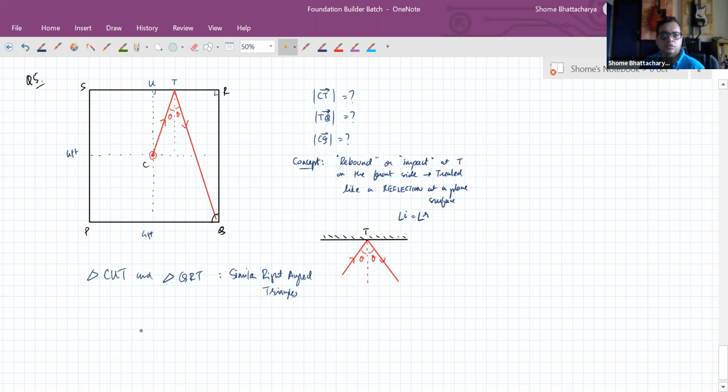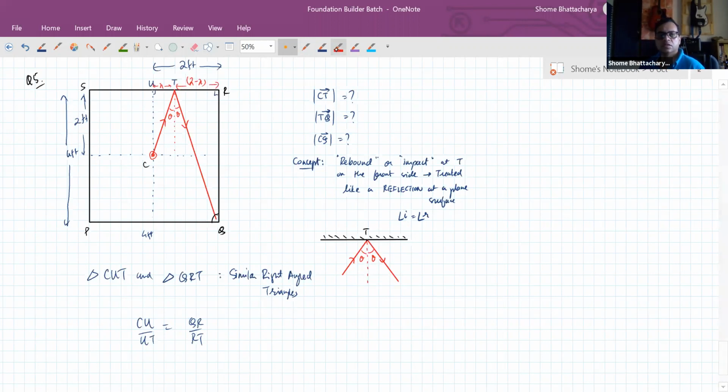Okay, so we can see that CU upon UT should be equal to QR upon RT. Okay, now we can see that this side will be 2 feet because the whole thing was 4 feet. Okay, and similarly we can see this is 2 feet. Okay, so supposing this is now x, so this should become 2 feet minus x.